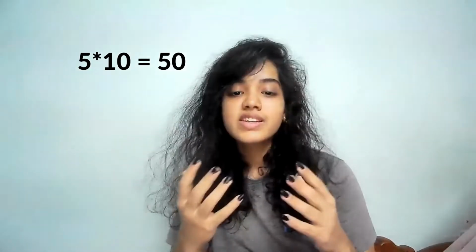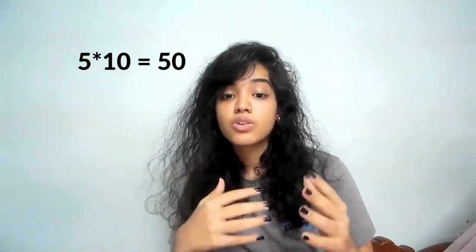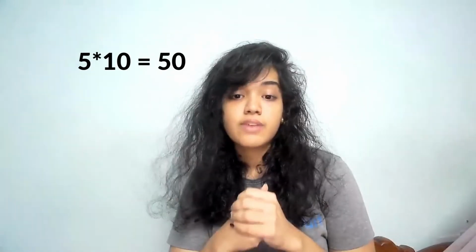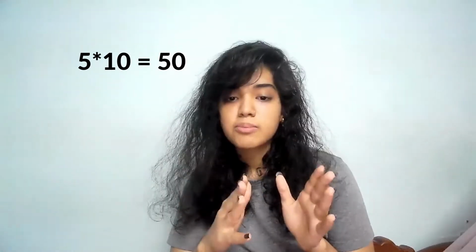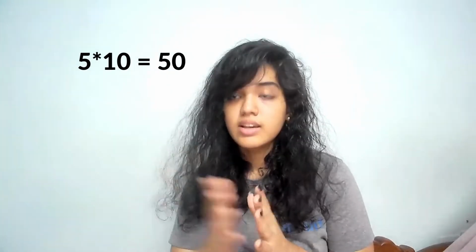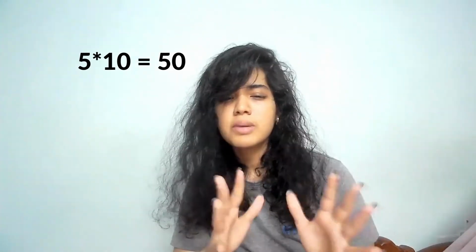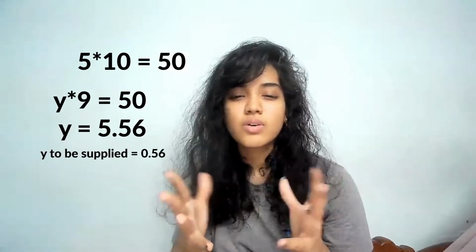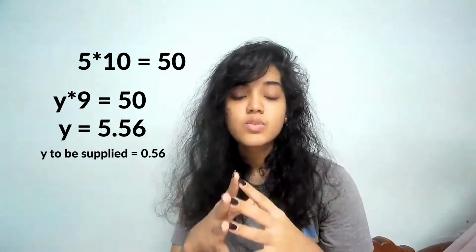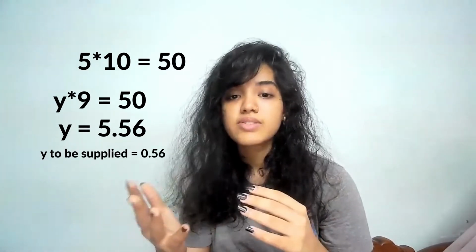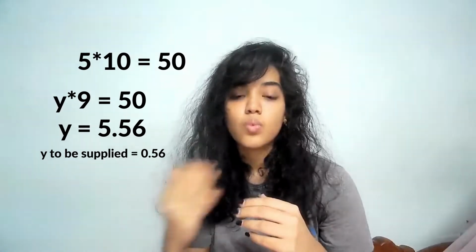So let's say there are 10 apples and 5 oranges in the pool, which makes the constant 50. So in this example, if I have to take an apple out of this liquidity pool, then that would mean that our number of apples drops down to 9. And the equation would be 9 into y is equal to 50. Which would give us y as around 5.555, which rounds off to basically 5.56. So which means that we have to supply 0.56 oranges to get that one apple out.